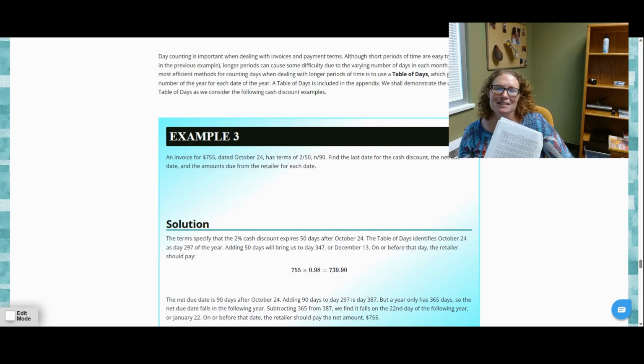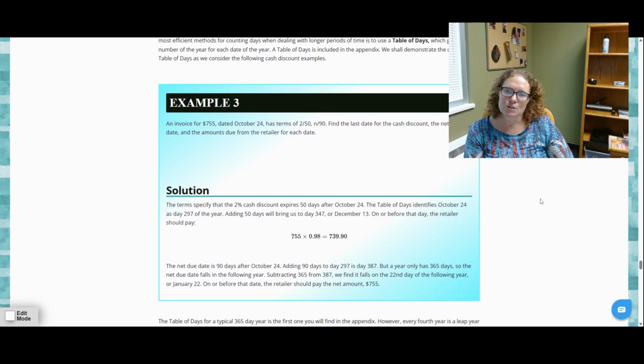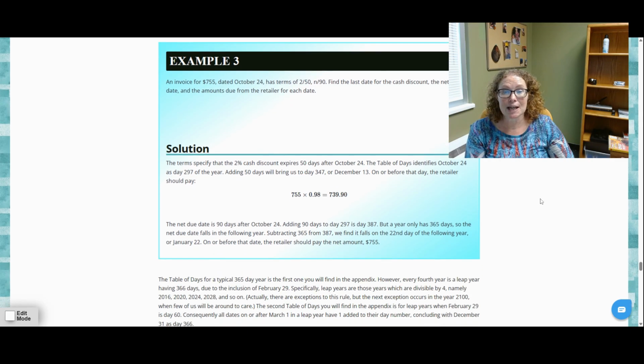examples. So an invoice for $755, which is dated October 24th, has the terms of 2/50, n/90. Find the last day of the cash discount, the net due date, and the amounts due from the retailer for each date.